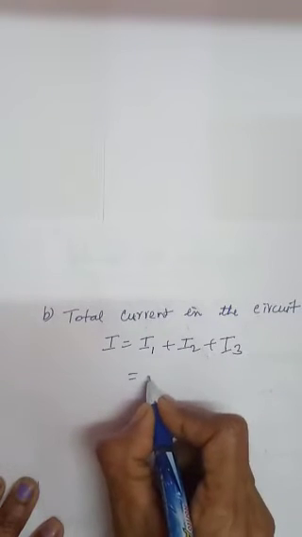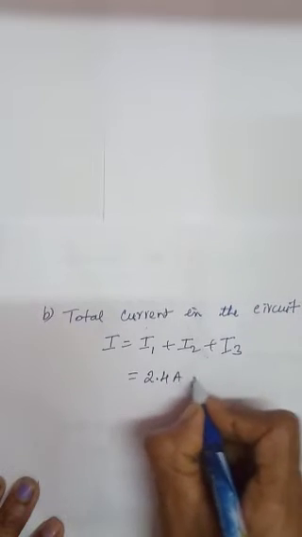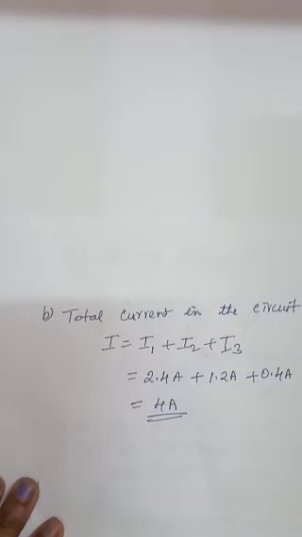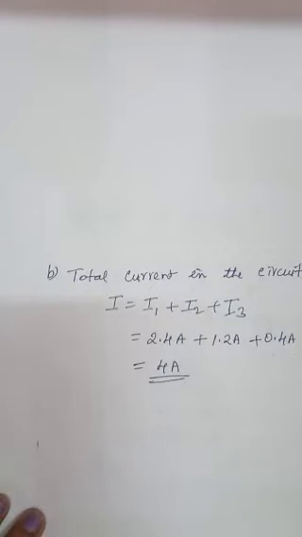It is 2.4 ampere plus 1.2 ampere plus 0.4 ampere. You add this, you will get 4 ampere. This is the current through the full circuit.